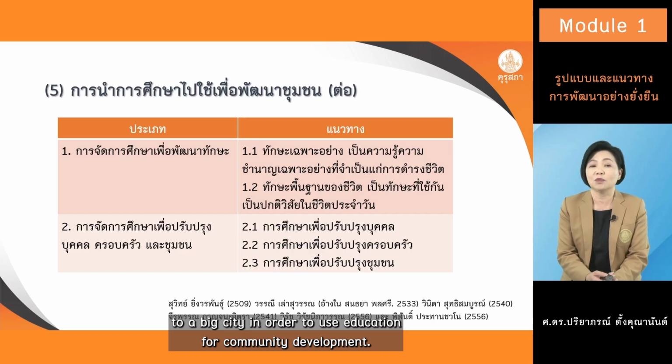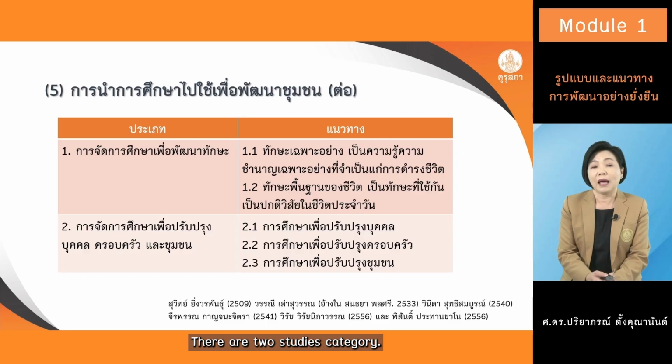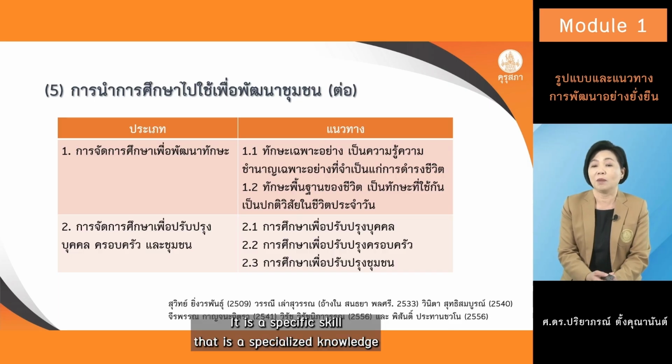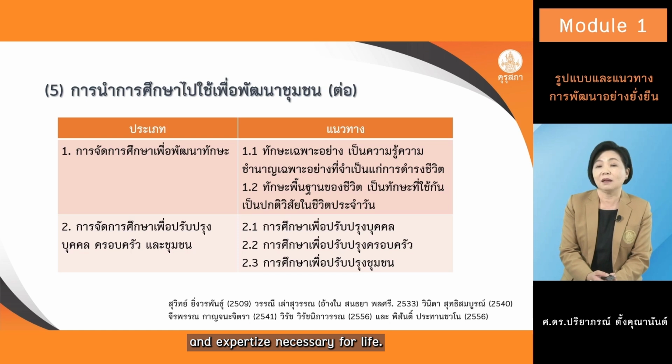In order to use education for community development, there are 2 categories of study. The first type is to improve skills. We organize education to develop skills, which have 2 major groups. It is a specific skill that is a specialized knowledge and expertise necessary for life.